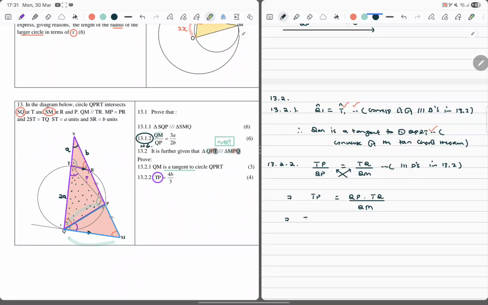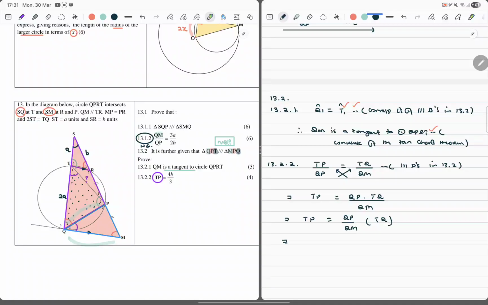So this implies that TP is, now obviously this is this situation reversed, isn't it? Because we can see that we've got QP over QM times TQ, isn't it?